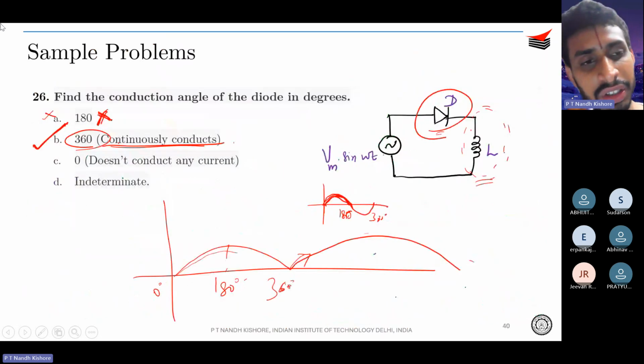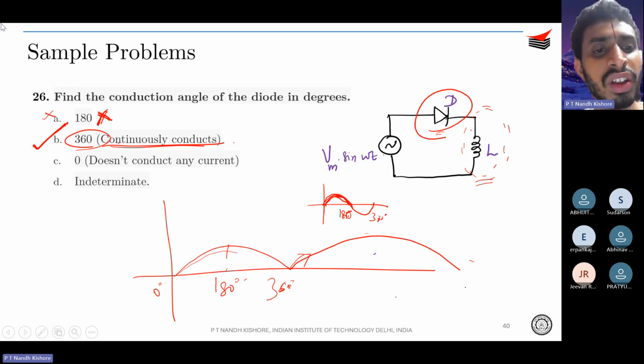For the diode question also, there is one more intuition from the options you see: 180, 360, 0 and indeterminate. I told you this is a pure inductive load with no freewheeling diode. You know that an inductor somehow tries to maintain its current. It doesn't allow sudden changes in current.